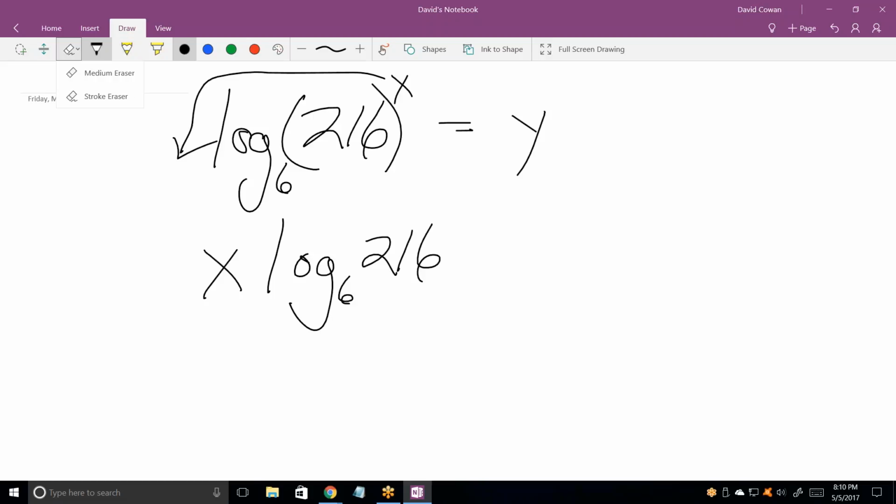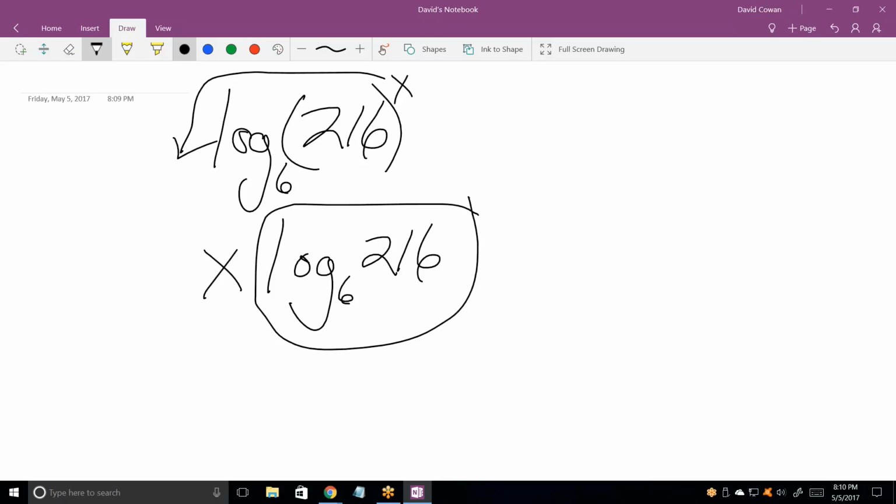In fact, let's take away this variable because at the moment it just makes it confusing. Now, what is that equal to? 6 to some power equals 216.